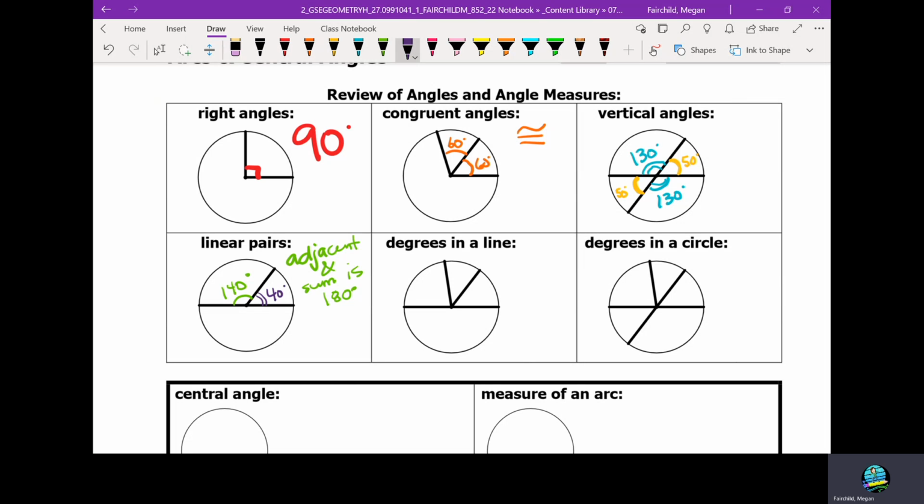They sum to 180. They're next to each other, all that fun stuff. We just talked about this. How many total degrees in a line? It's 180. Okay. So if you know one of these measures, well, I guess you'd have to know two. You can find the other ones, right? So if this is 30, then this would be 80.